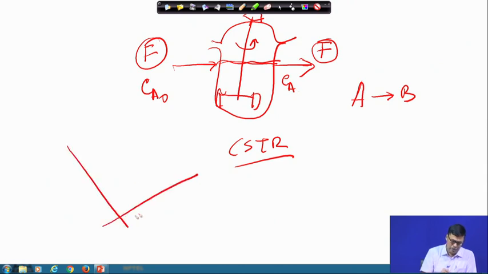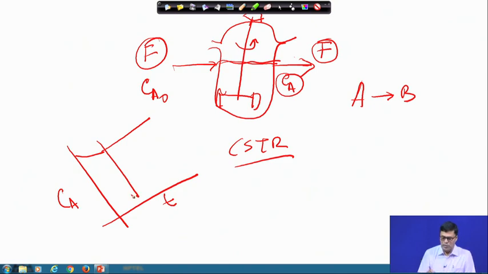If you look at the concentration of Ca with respect to time, it may change a little bit. The outgoing Ca concentration will change, then a time will come when it is constant, and when it is constant, we call it the steady state condition. This is the time required to attain the steady state conditions.